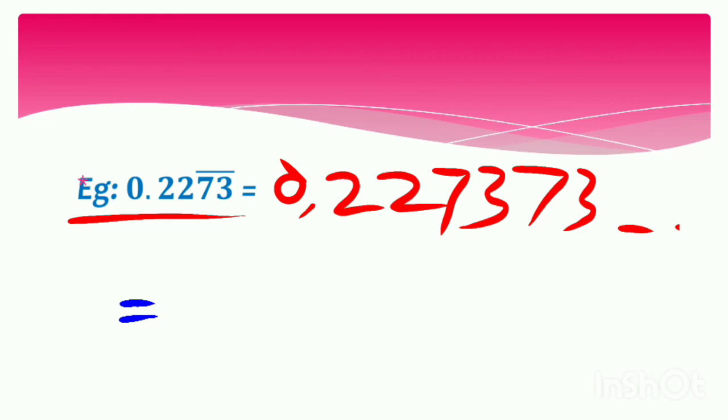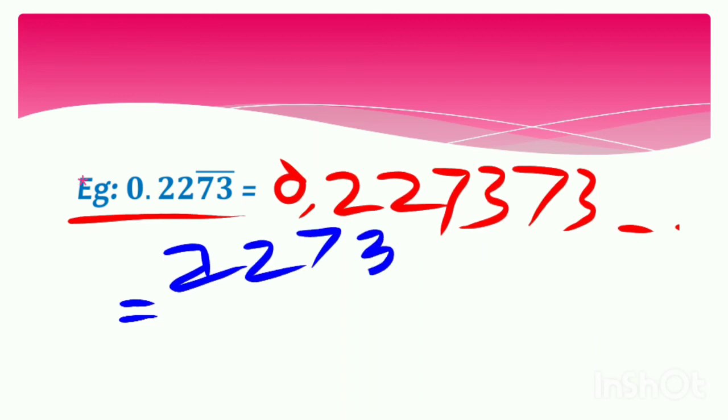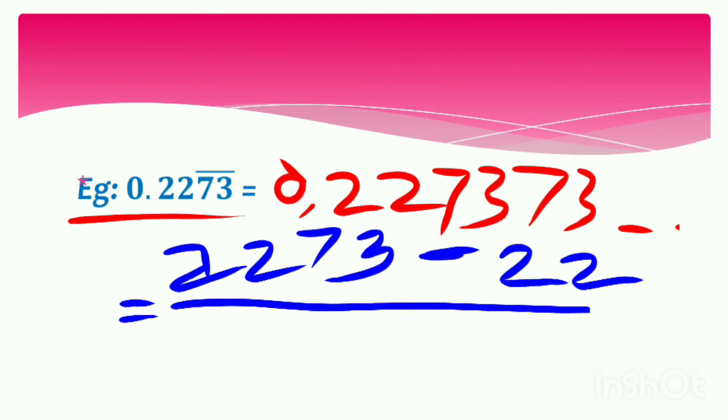The number formed by all the digits, that is 2273, minus the number formed only by non-repeating digits, 22. So 2273 minus 22, whole divided by the denominator.